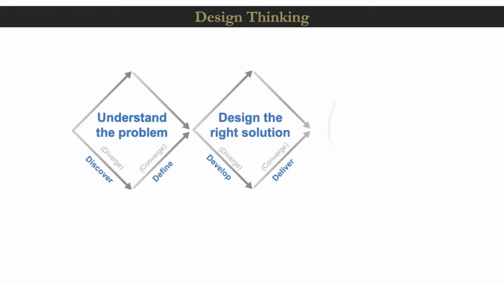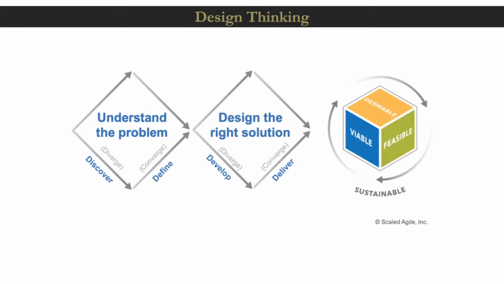So with SAFE, we have a double diamond approach to design thinking. Each diamond that you see here focuses on divergent thinking and convergent thinking. So you're understanding and exploring the options when you're looking to understand the problem, and then evaluating the options and making choices.